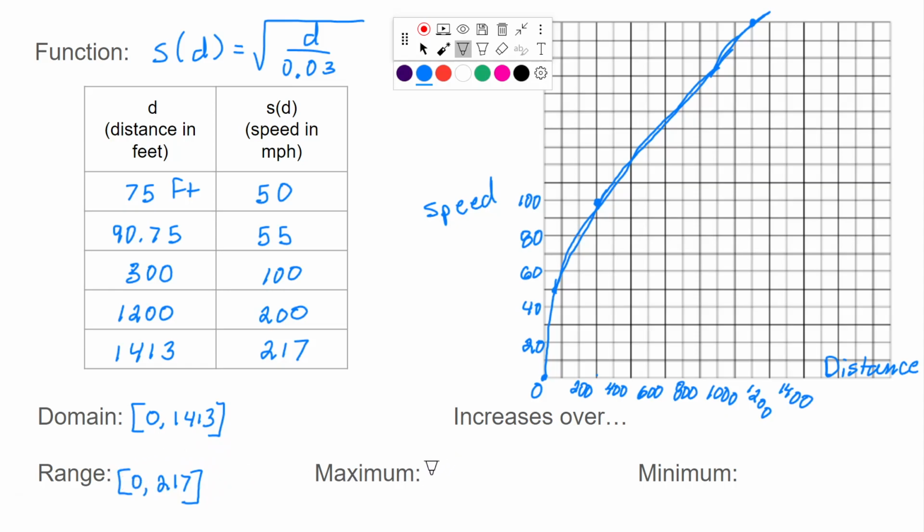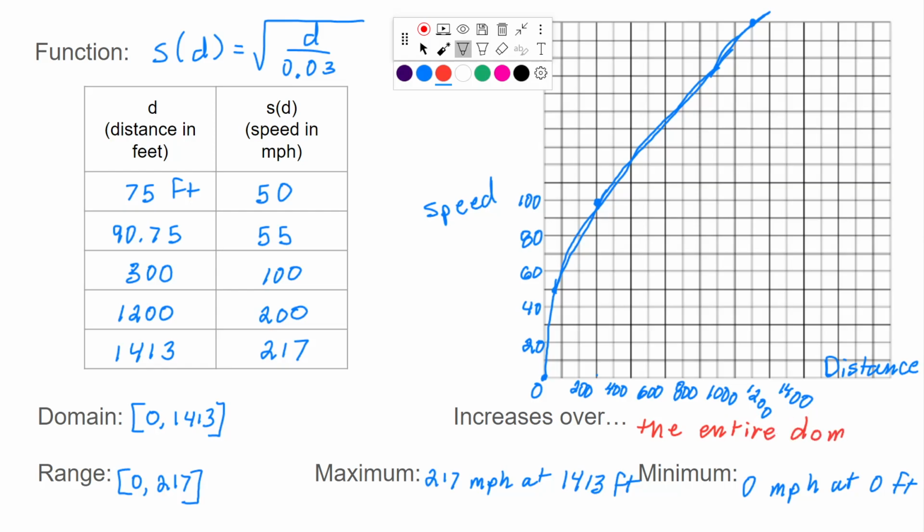So our maximum is 217 miles per hour at 1,413 feet. And our minimum is 0 miles per hour at 0 feet. And once again, this is increasing over the entire domain. It's always increasing.